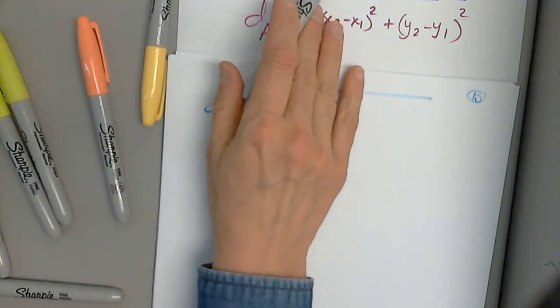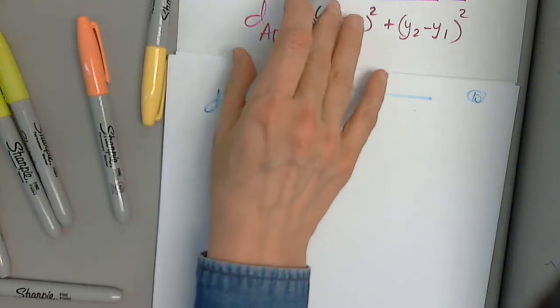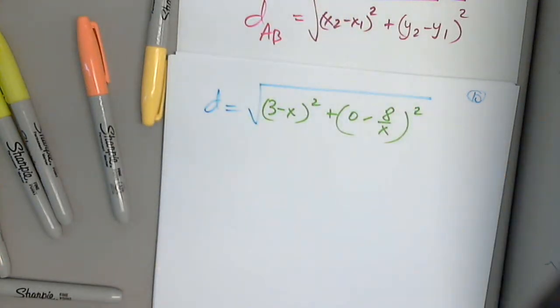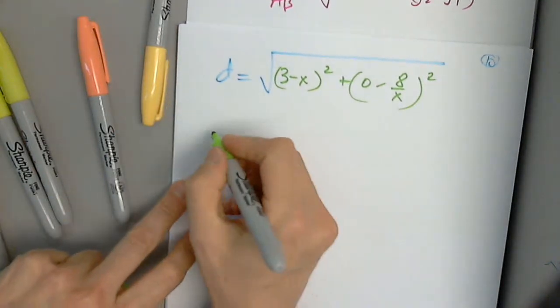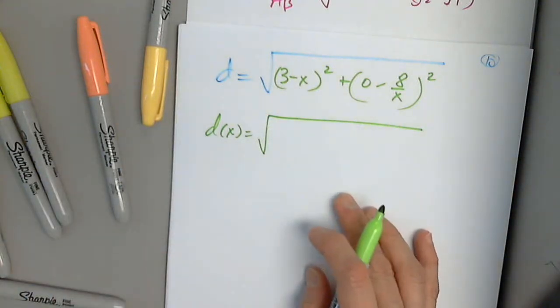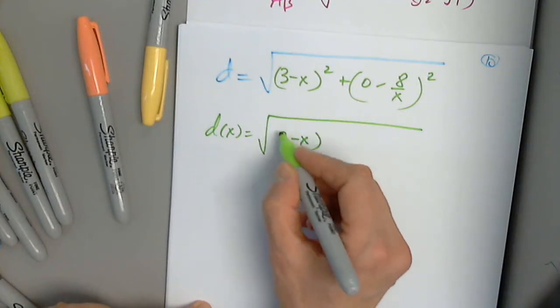So x2, 3 minus x squared plus y2, 0 minus 8 over x squared. I'm far from being done, but this is the function. And now I can call it d of x. This is indeed d of x, the square root of. I don't really have to simplify it, but I'm simplifying it a little bit.